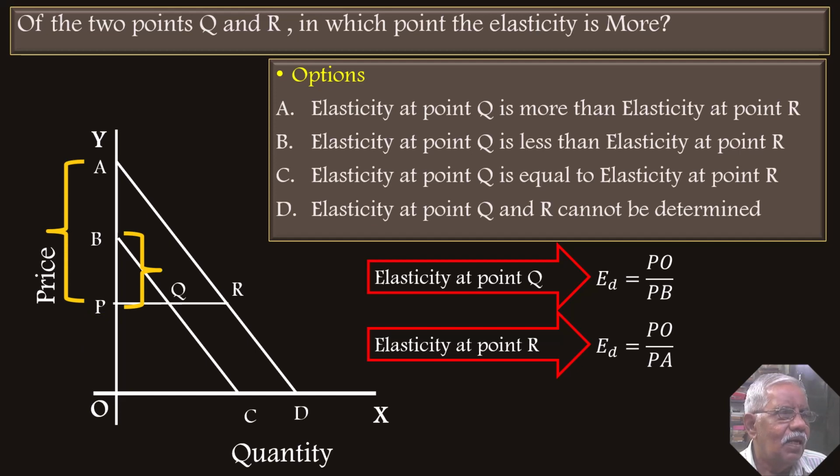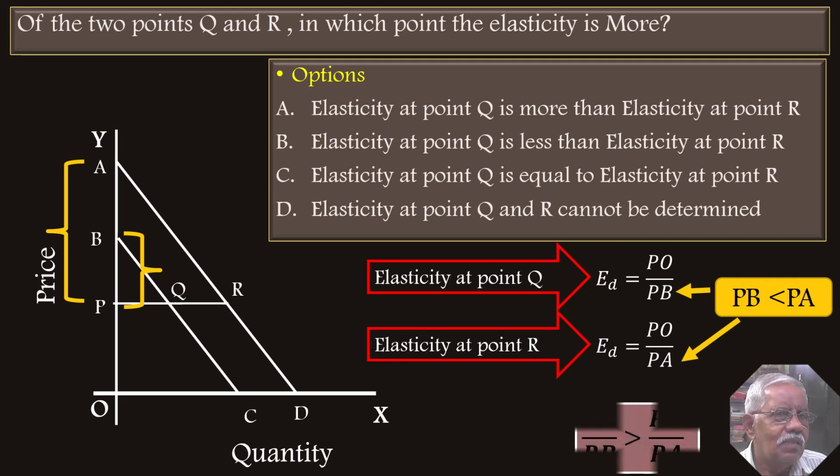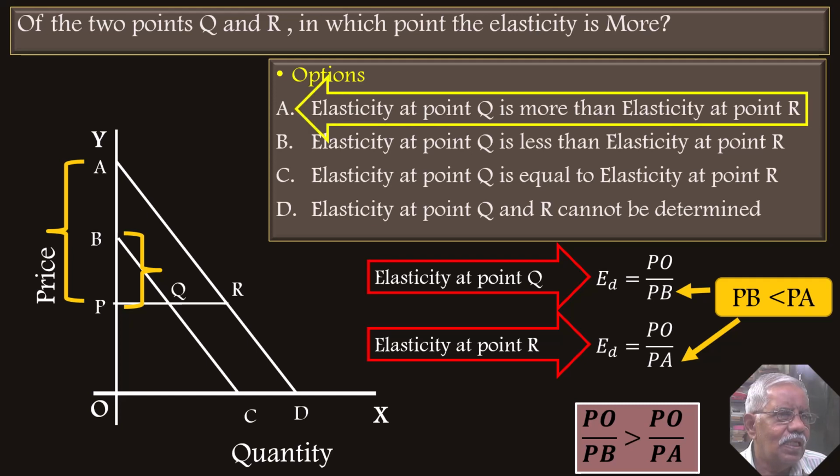Of the two denominator values, PB is less than PA. So, the value of PO by PB must be greater than PO by PA. Our conclusion is that elasticity at point Q is greater than at point R. Option A is the correct answer.